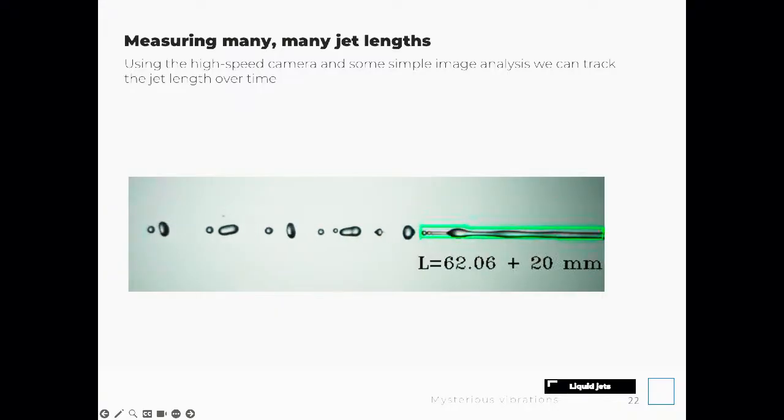And so what we seem to see is that the snap off actually leads to a visible wave on the jet surface that can reach the origin again. Whether that is the cause of the breakup is another matter, but at least it seems to have something to do with the dripping to jetting transition.